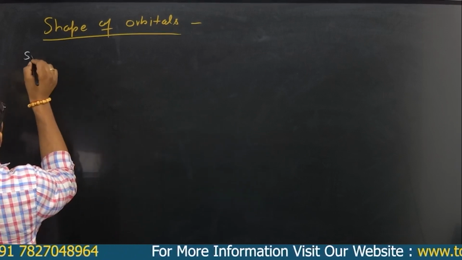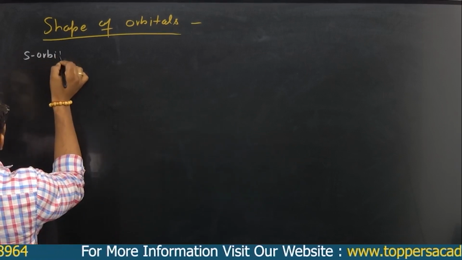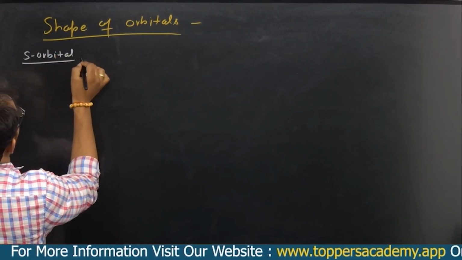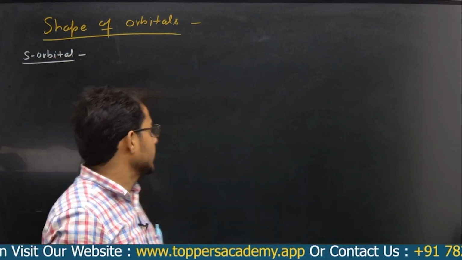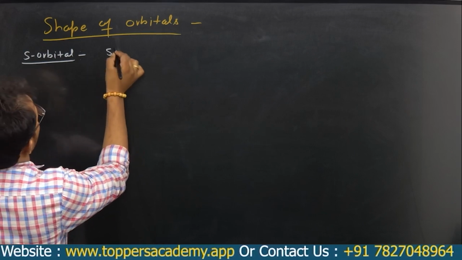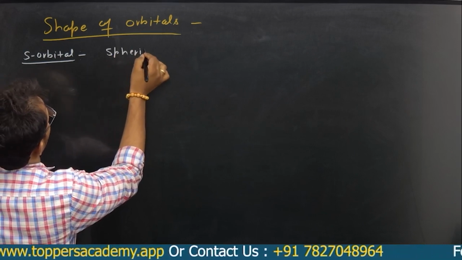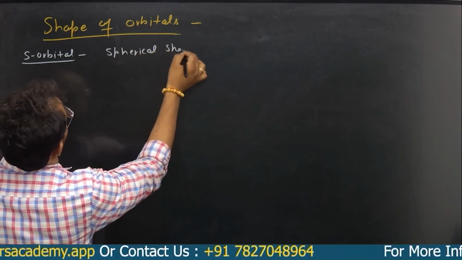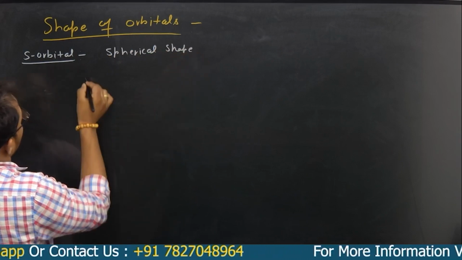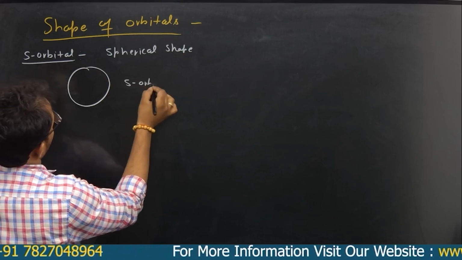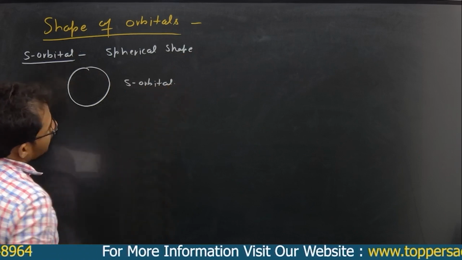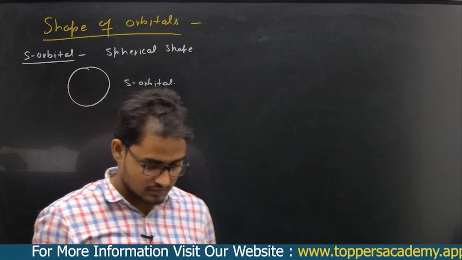So S orbital, I am talking about S orbital. S orbital has spherical shape. Can you tell me what is the direction of a sphere?